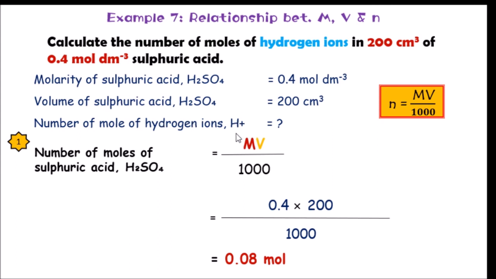So next, what you need to find first. Before you find the number of mole of the hydrogen ions, what you need to write first? Can you get it? Okay, good job. Second step, you need to write the ionization equation or dissociation equation of sulfuric acid. Can you write it correctly?